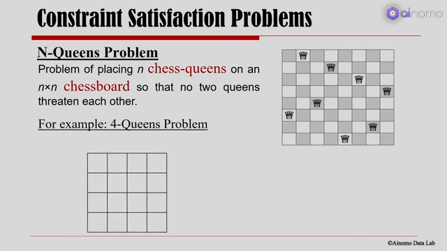For example, in the 4 queens problem, we have 4 queens to be placed on a 4 cross 4 board, and we will mark these variables as x1, x2, x3, x4, and we have 1, 2, 3, 4, the different rows.